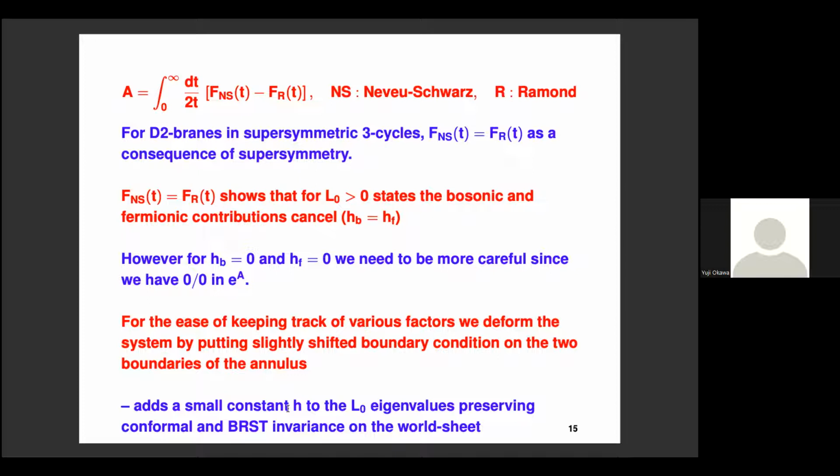So how about the ghost sector? It's the same. The ghost oscillators are acting on the ground state, and the ground state has gotten this extra h contribution to the L0. Okay, that's what you did by hand, right? Exactly. By hand meaning it will come out automatically if you actually calculate the spectrum of open strings that are stretched between 2 D-branes.